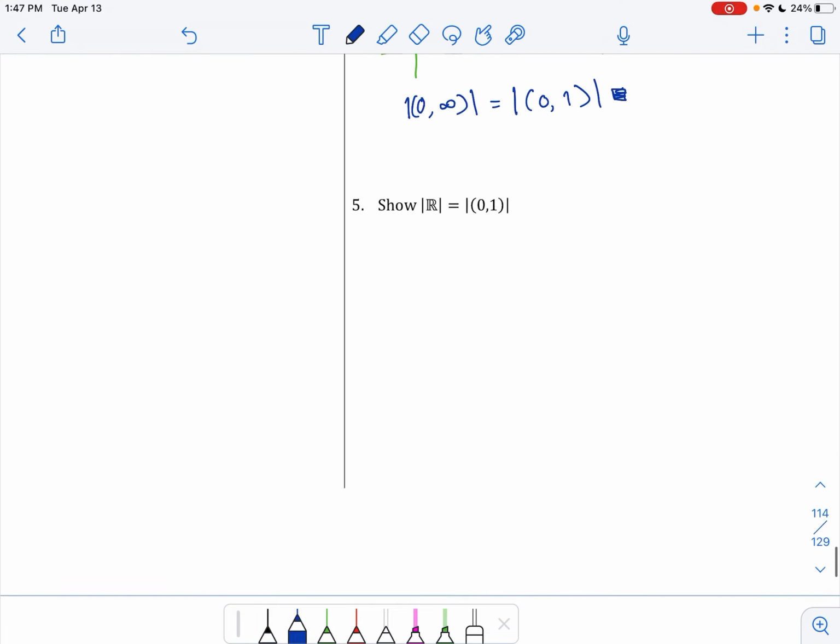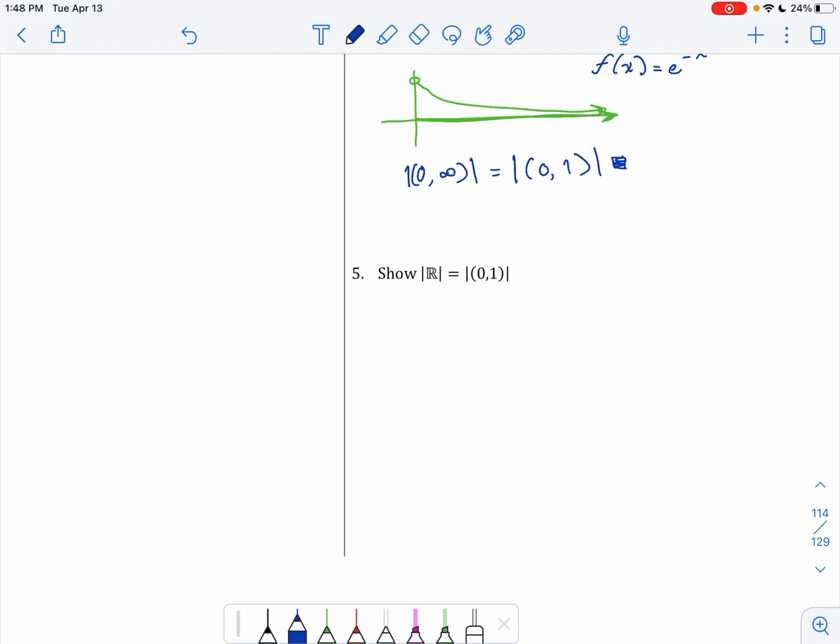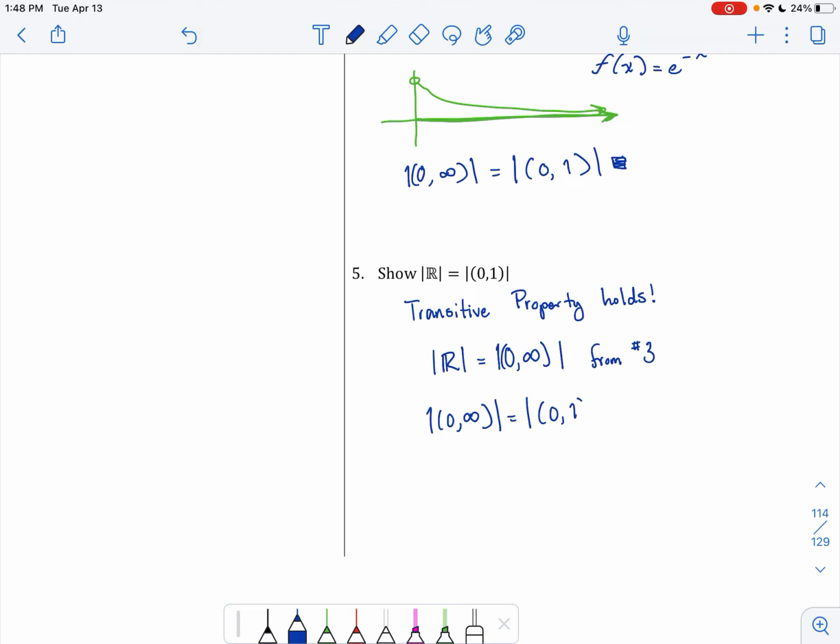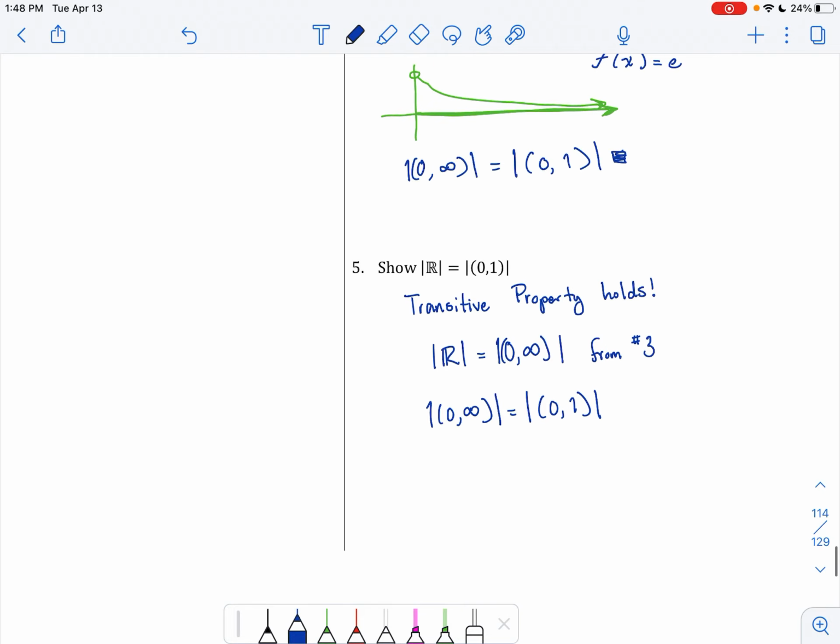Now here's what I mean by using the supports from previously, is that with all these cardinality rules, if you've written a bijection, the transitive property still holds. So what that means is that we have just shown that the real numbers have the same cardinality as the interval 0 to infinity from number 3, and the interval from 0 to infinity has the same cardinality as the interval from 0 to 1, and that's what we just showed here in number 4.